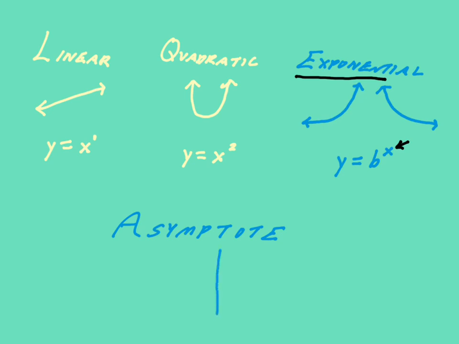So if we just took a really quick graph here, and I put in these dashed lines, and I draw a graph in here, these lines are kind of a guide to how to create the graph.